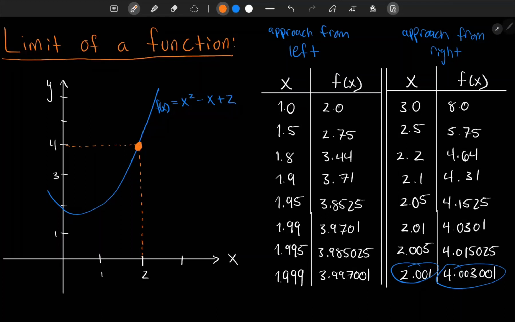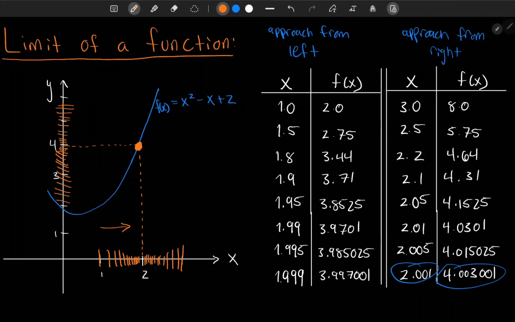And what we find is that no matter if we approach from the left, meaning we take an x value here and then here, and we get closer and closer, or if we take it from the right, meaning we start at, let's say x is equal to 3, and we move closer and closer, no matter what direction we move in, the y value is getting closer and closer to 4, as we can see here.